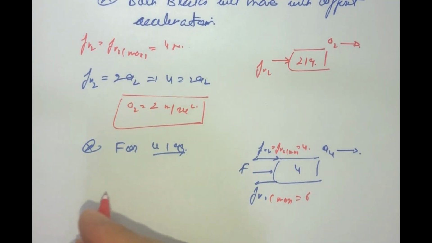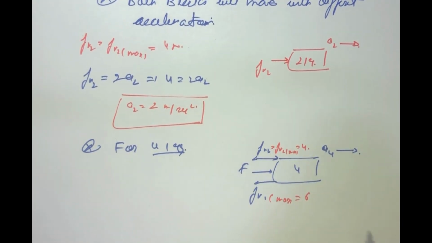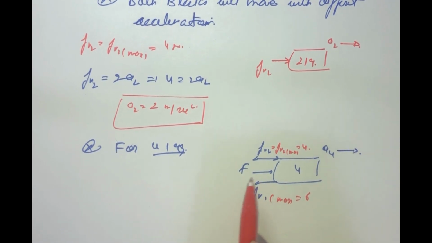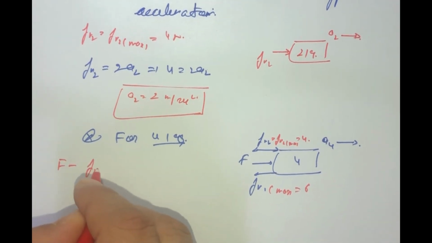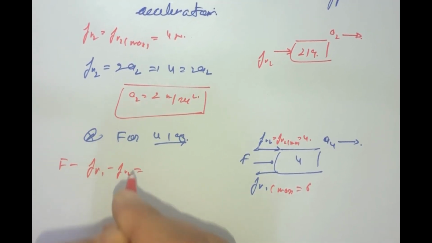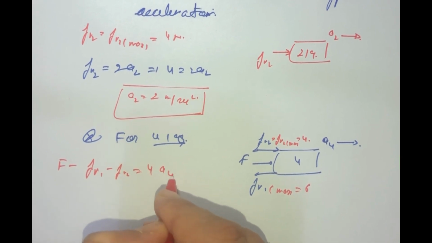So we can write the equation as applied force is 24, so you can say F minus Fr1 minus Fr2 will be equal to 4 into A4.